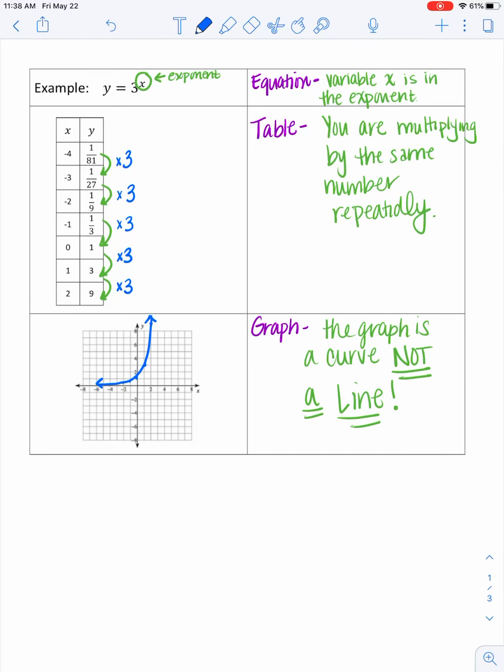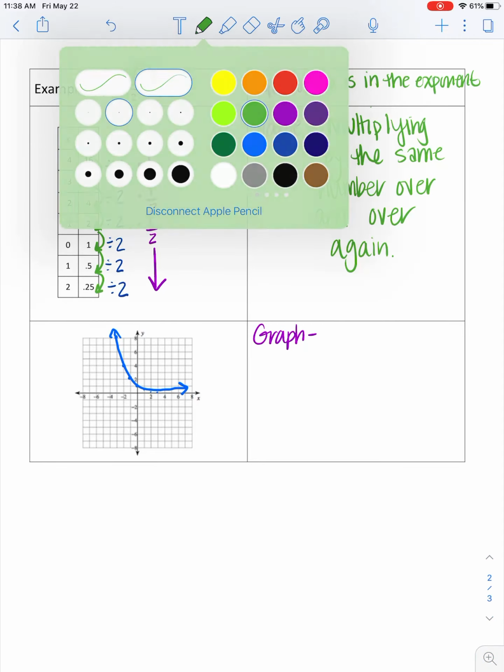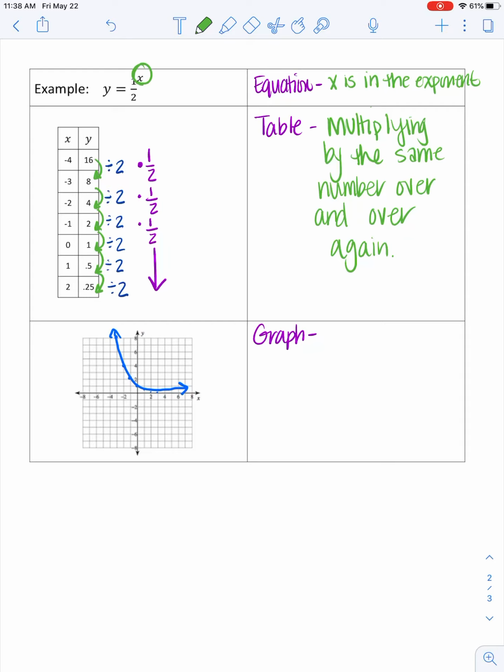The previous one was going up the page. This one is going down the page, but it is still a curve nonetheless. So a graph of an exponential function is a curve, not a line.